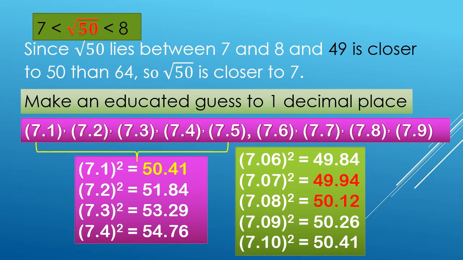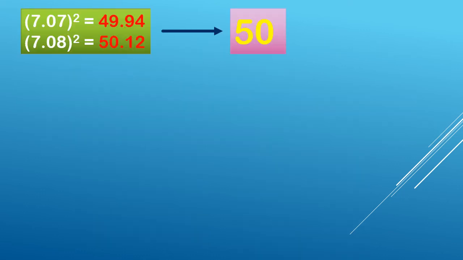So, what two numbers is the square root of 50 between? That is 7.07 and 7.08. Since 50 is between 49.94 and 50.12, which number is closer to 50?